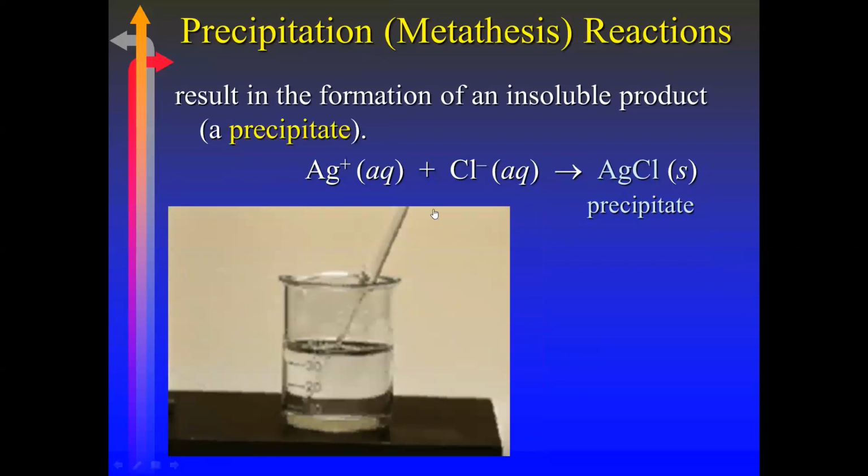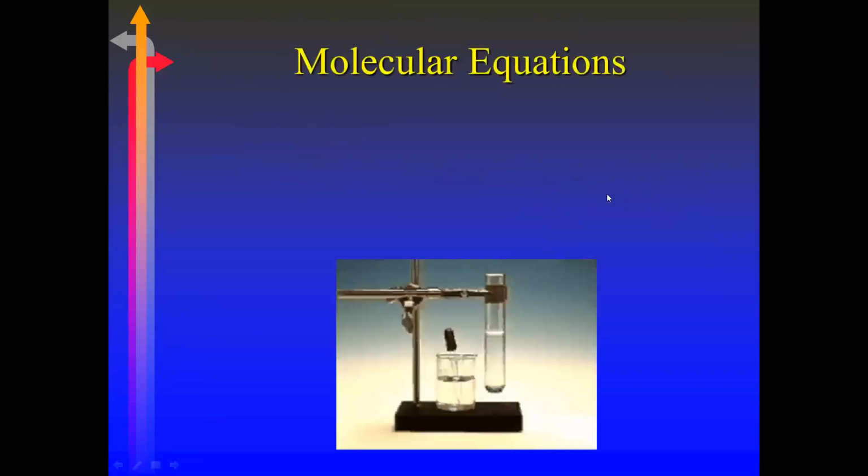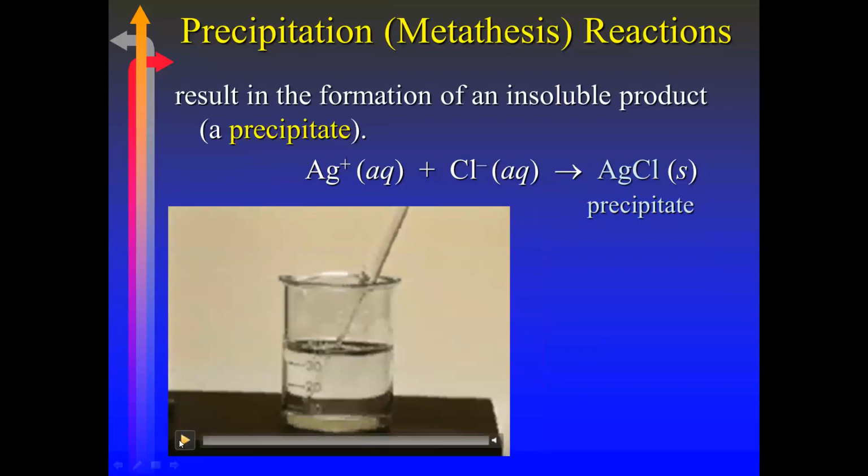Let's take a look at more examples. A precipitation reaction is a reaction that results in the formation of an insoluble product. In this case, it would be silver chloride. The video can play.